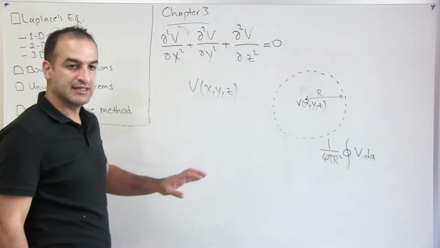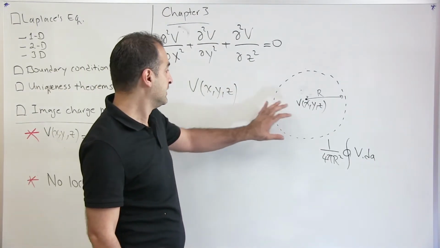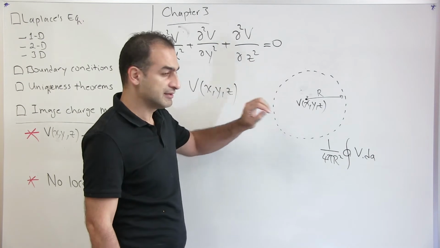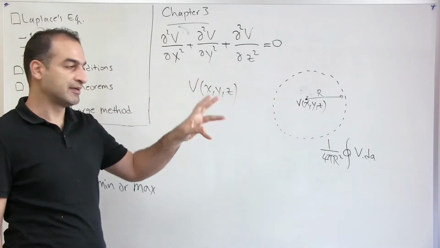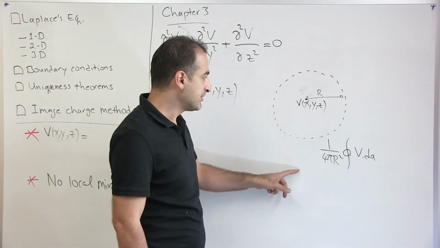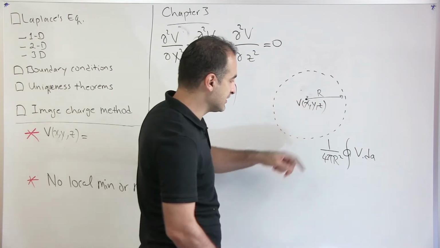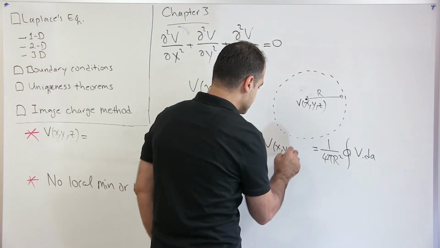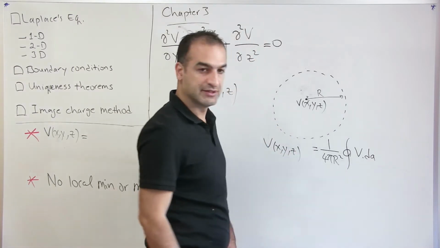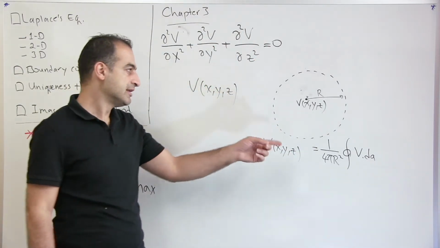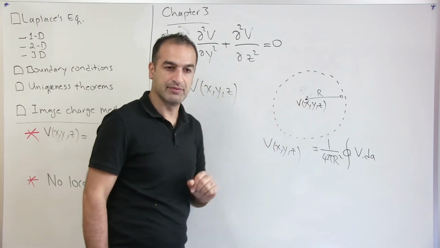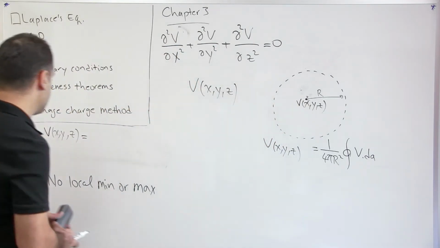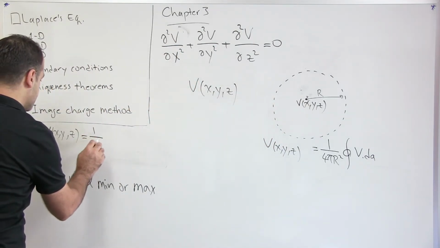This is what I want to prove: that the solution of Laplace's equation, the electric field created by a point charge, has this property that the V at x, y, z is equal to the average of the value of the function on a sphere around that point. Mathematically I would just keep this as this.